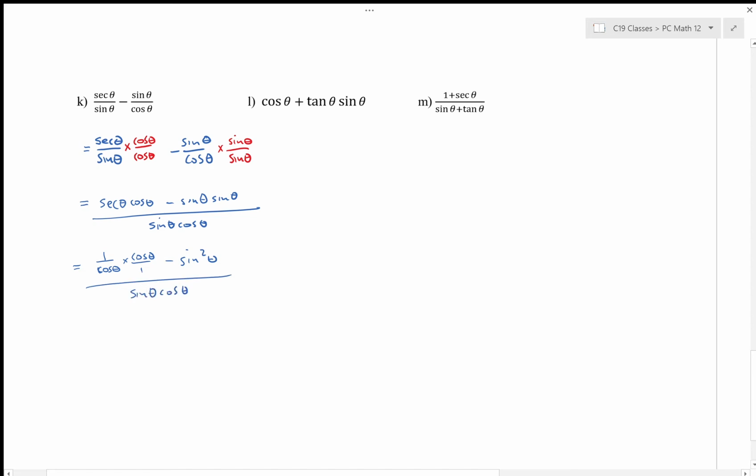Okay, so I changed secant to 1 over cosine, and I'm going to multiply it by cosine theta, so it's cosine theta over 1. You can see they cancel each other out, leaving just 1 minus sine squared theta. And I get that. Now I'm going to put down the Pythagorean identity I'm going to use.